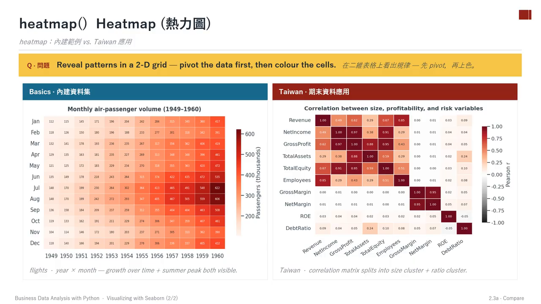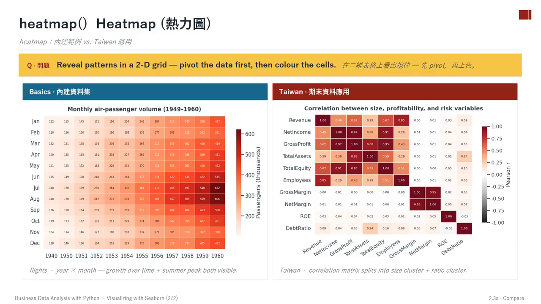What does this mean? Maybe the two variables don't have a similar component. Okay, you can see the employee with the gross margin, they don't have the relationship, they refer to different things.